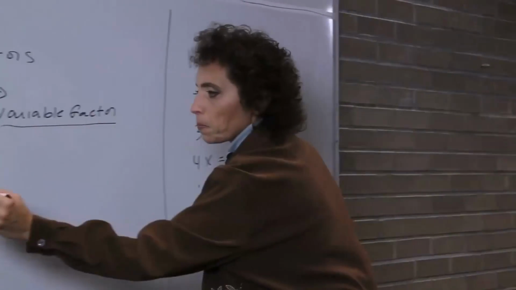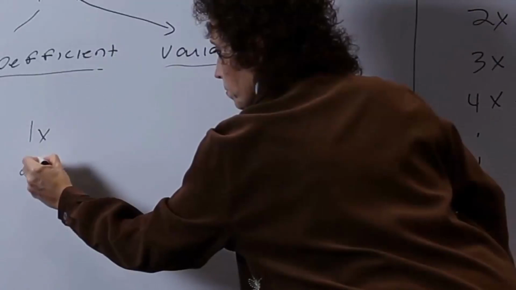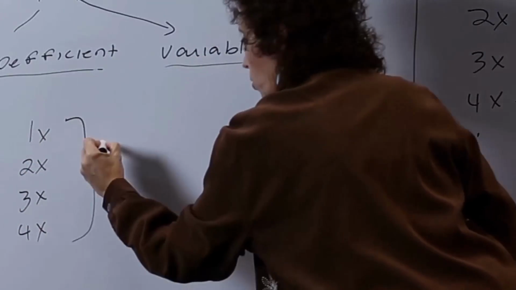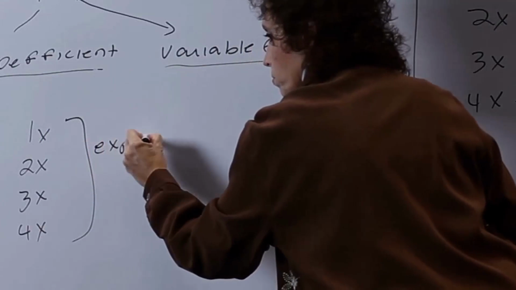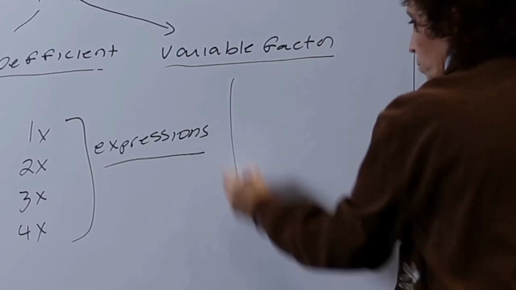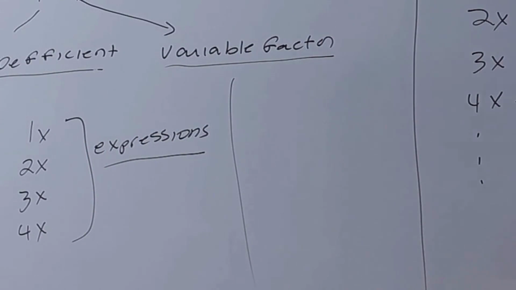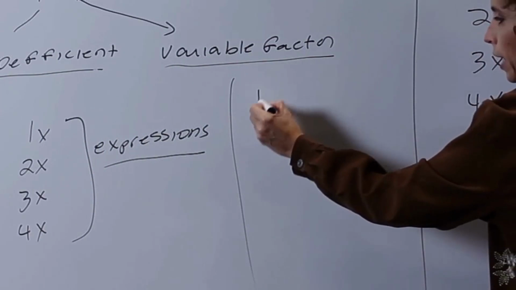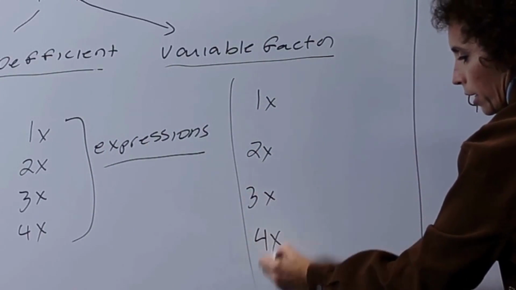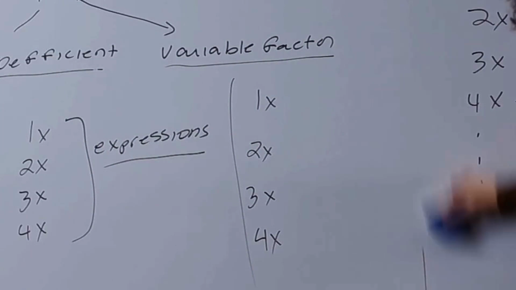Now let's take a closer look at this 1x, 2x, 3x, 4x. These are all expressions. Let's talk about the coefficient of each of these.